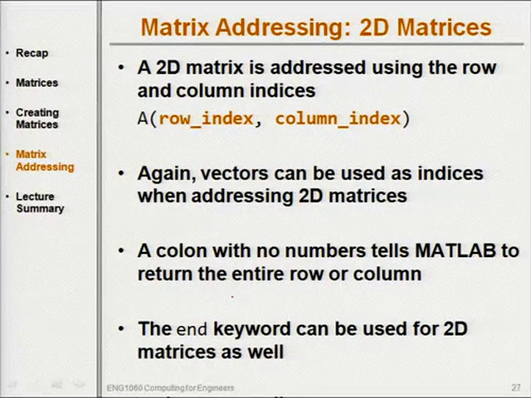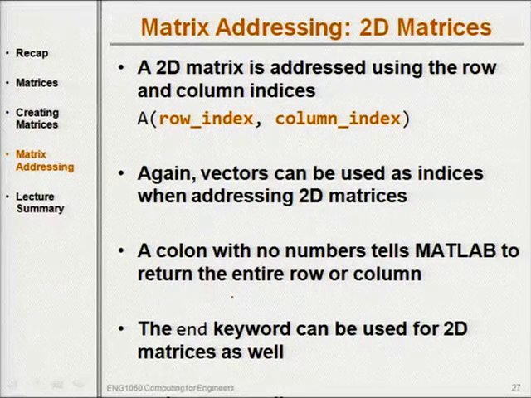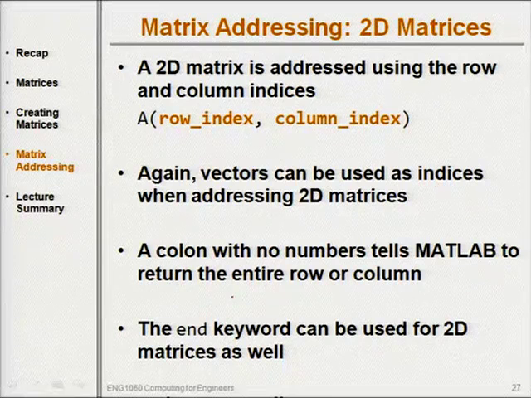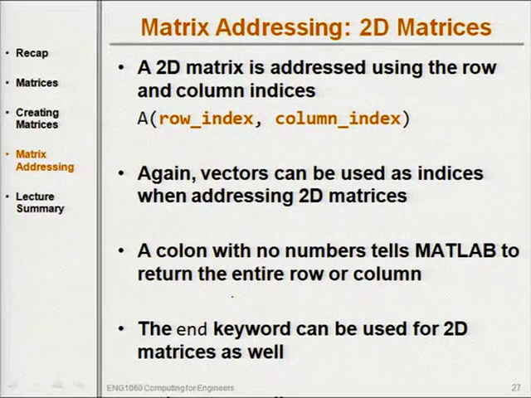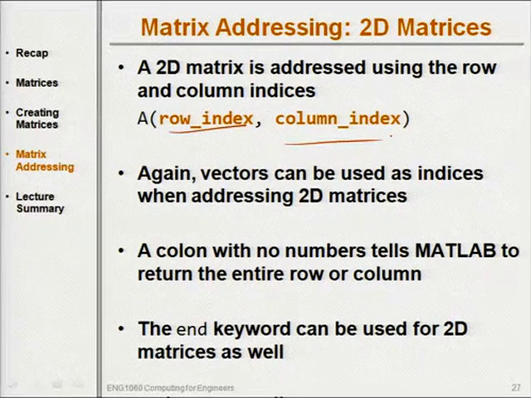So the syntax for when you address even a 2D matrix, so this one we looked at was the vector. When you're addressing a 2D matrix, you use the row index and the column index. So you always use the row index first and then the column index.